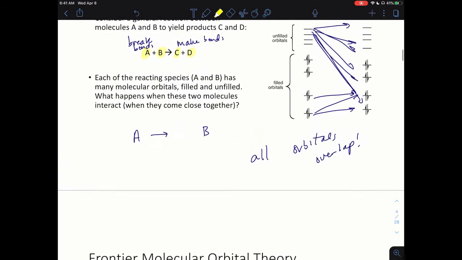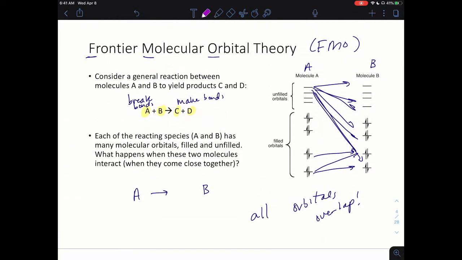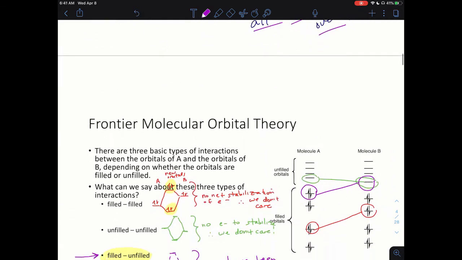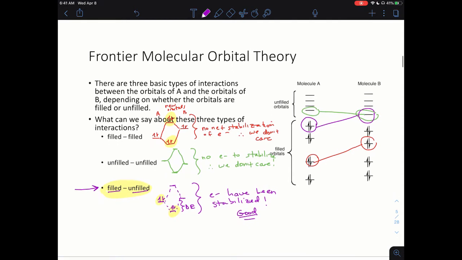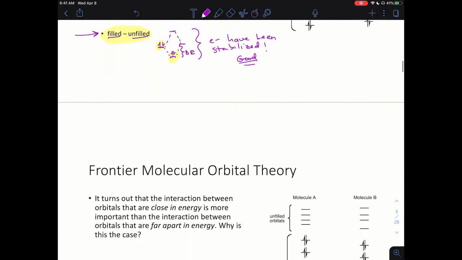So instead of having to worry about all the orbitals overlapping, because all the orbitals in reality, they all overlap, instead of having to worry about that, we can just limit our focus to the interactions between filled and unfilled orbitals. Still a lot of interactions, maybe we can limit it some more, but that's where we are right now.